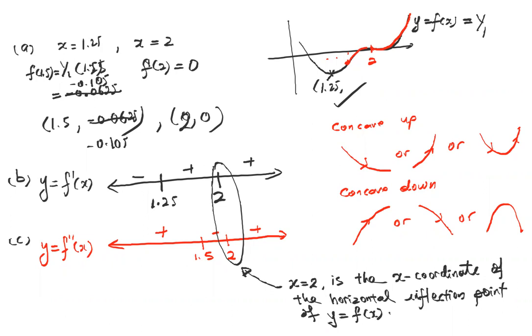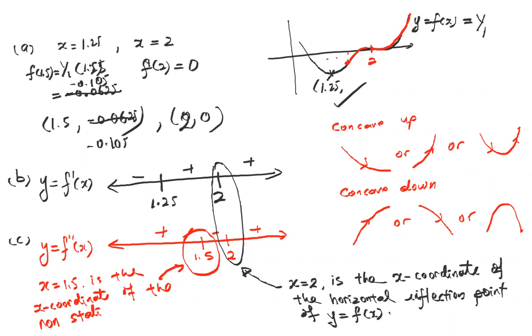If it only appears in the f double prime x, we call this x equal to 1.5 the x coordinate of the non-stationary inflection point of y equal to fx.